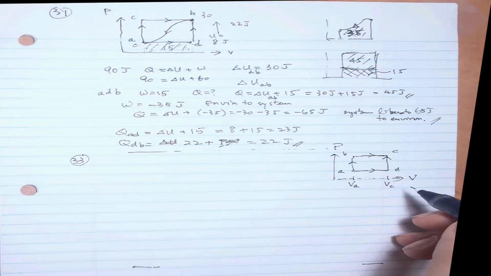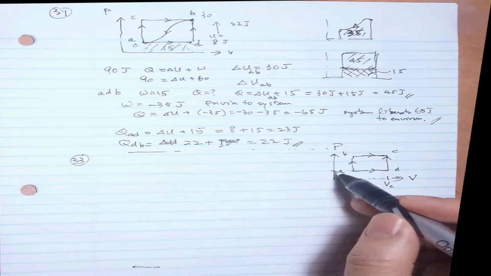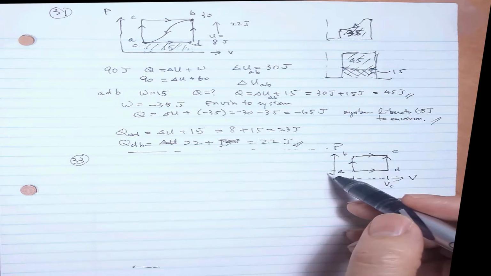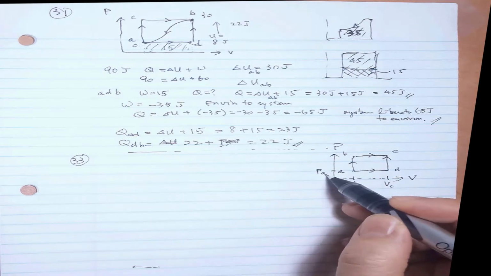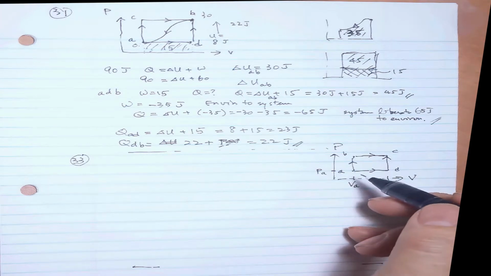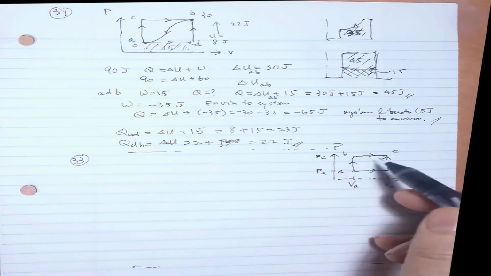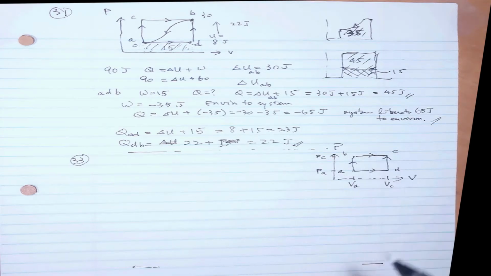The pressure for A and D, this one is called PA. And then PC for B and C. So this is called PC. Alright, so basically you have the coordinates of all 4 corners.